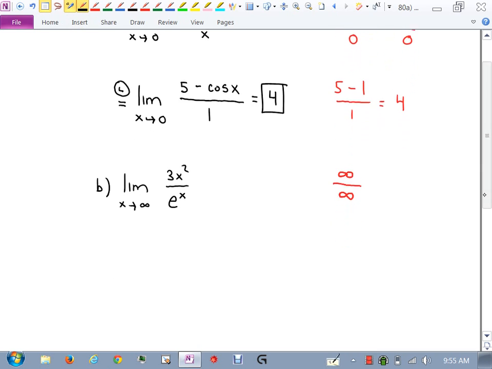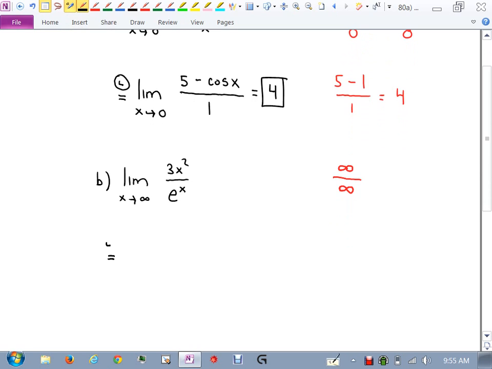So we have L'Hopital. Derivative of the top, 6x. Derivative of the bottom, what's derivative of e to the x? Careful. Just itself.